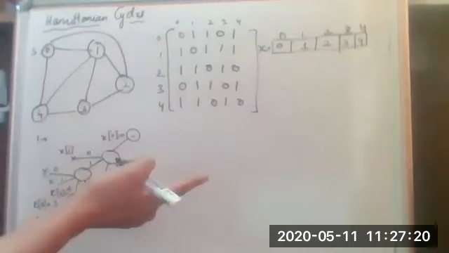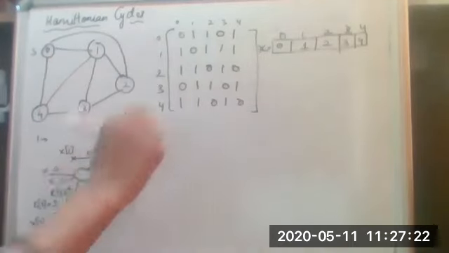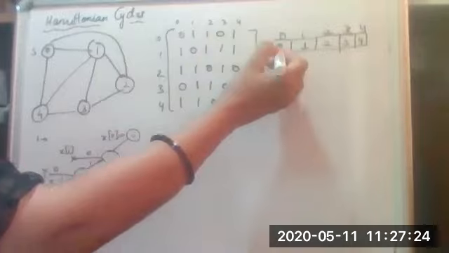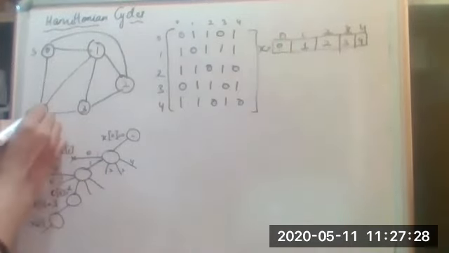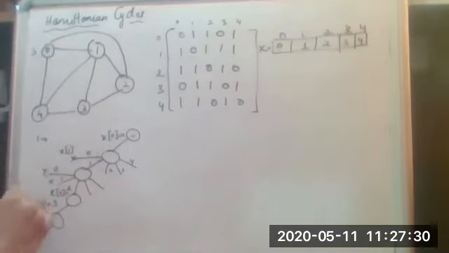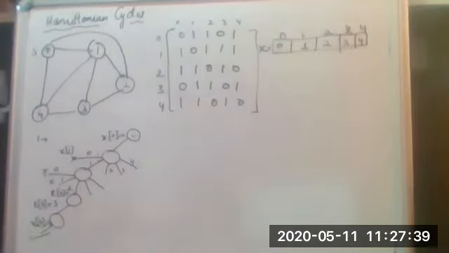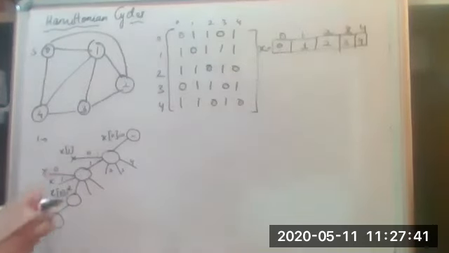Now, because I have reached the end, I need to find out whether from this last vertex I have a path to the starting vertex. That is, from 4 to 0, do I have a path? Yes, the path is there. So this is the chosen tour, or a cycle is possible taking all these choices.